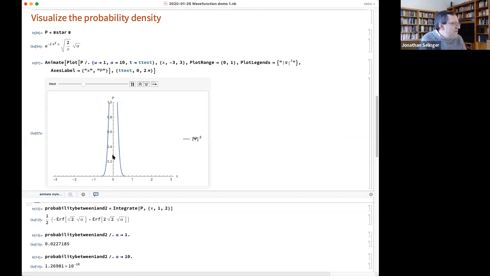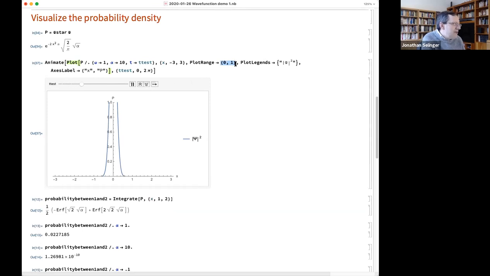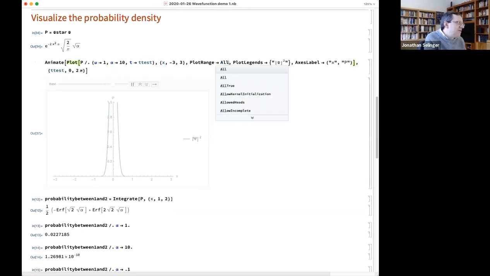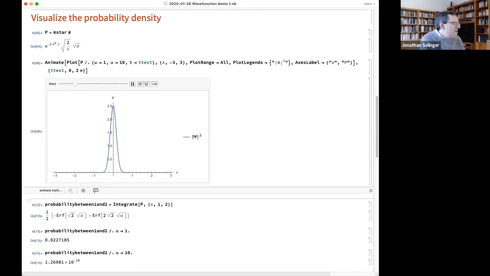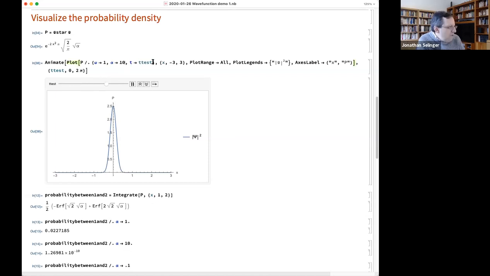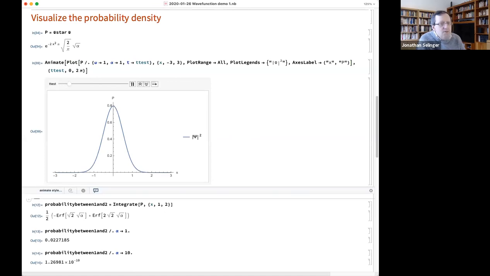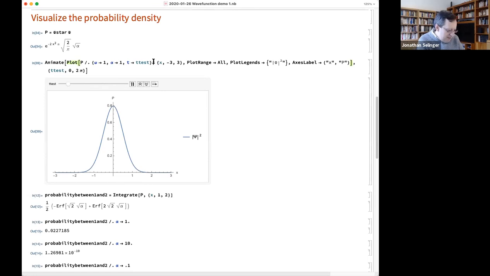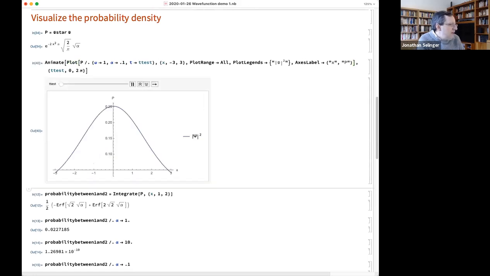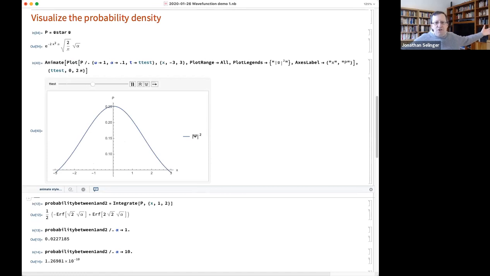Ooh, then it's a distribution that's extremely concentrated near the origin. In fact, maybe I should even change the plot range. There, it's something that's extremely concentrated near the origin. Okay. If I go to alpha is 1, it's more spread out. Okay. If I go to alpha is 0.1, it's even more spread out.